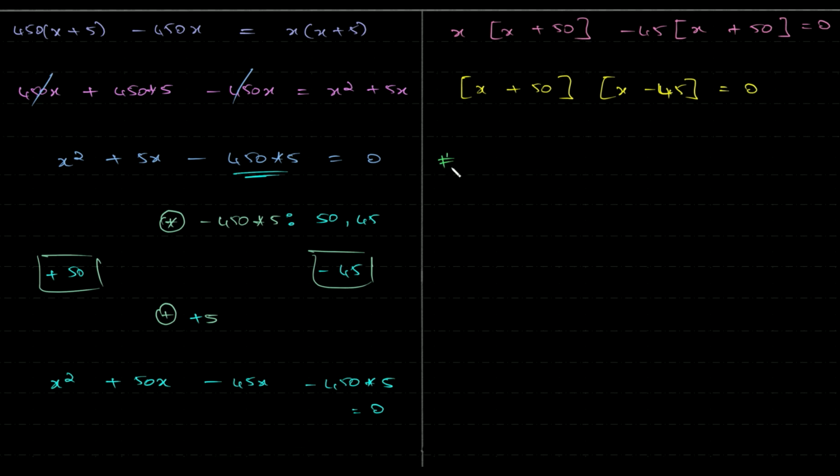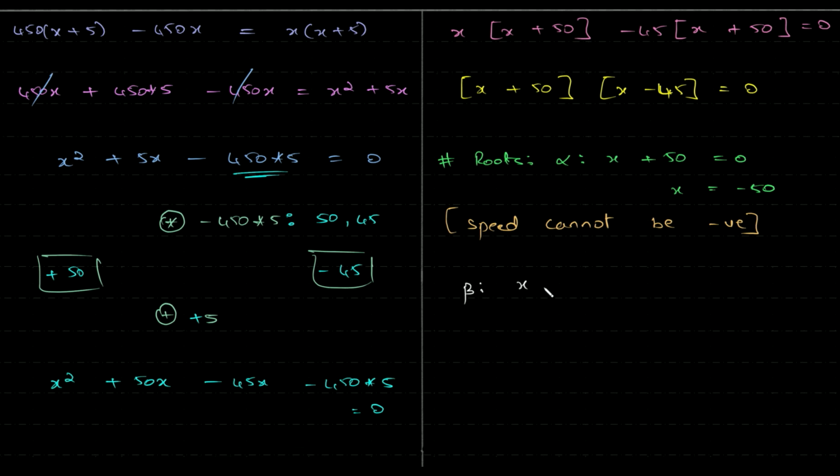And then on to the roots. So clearly this is negative, but we have to find it and show it. In this case, x is minus 50. Speed cannot be negative, so this won't be the answer. And then on to the other, wherein you have x minus 45, which is equal to 0.